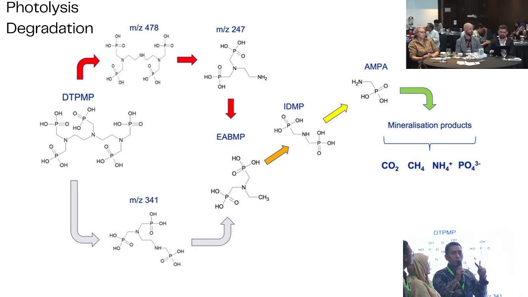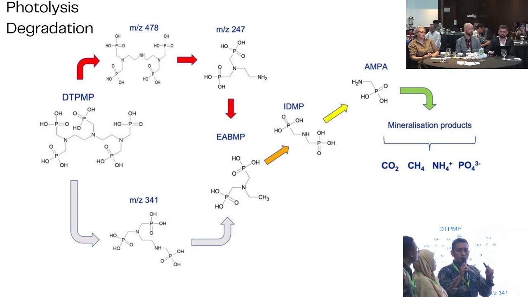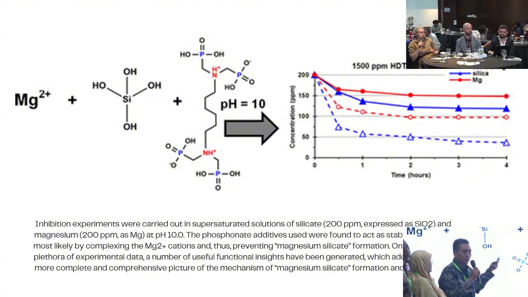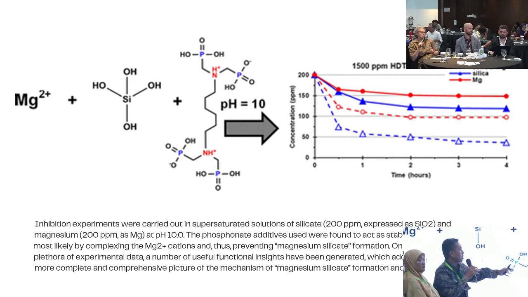We need to optimize the intensity of the light, the distance, and also the time of degradation. Before that, we need to ensure the silica can form coordination complexes with the magnesium and the HDPE.